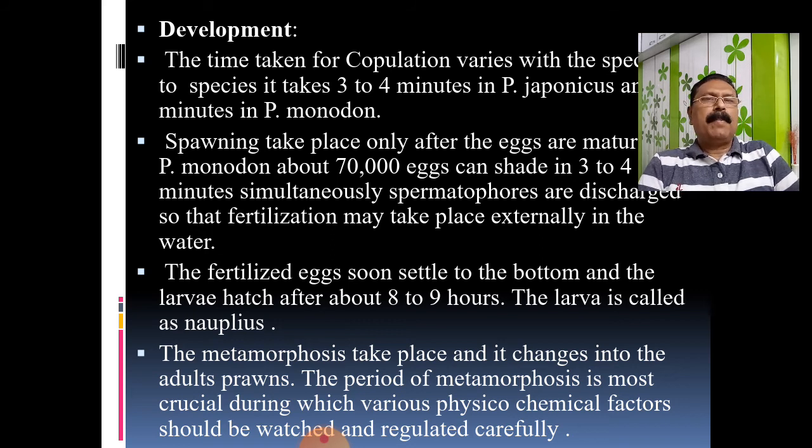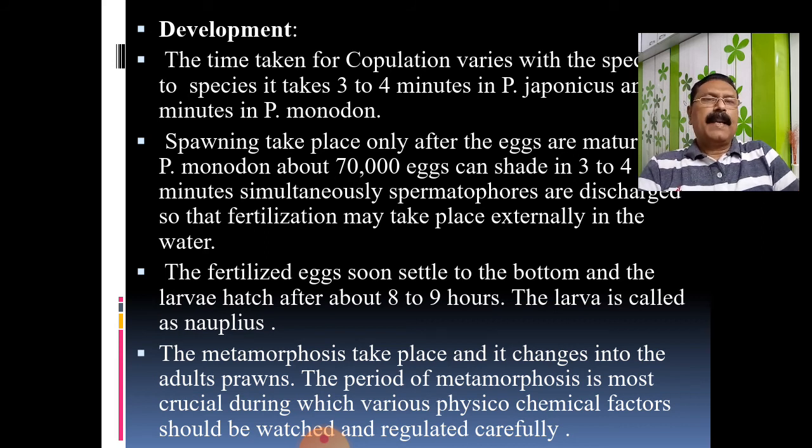It discharges spermatophores over the eggs, and fertilization occurs. So the female prawn will lay the eggs, near about 70,000 eggs at one time, whereas the male will discharge the spermatophores over the eggs, and hence fertilization occurs. We simply call it external fertilization.